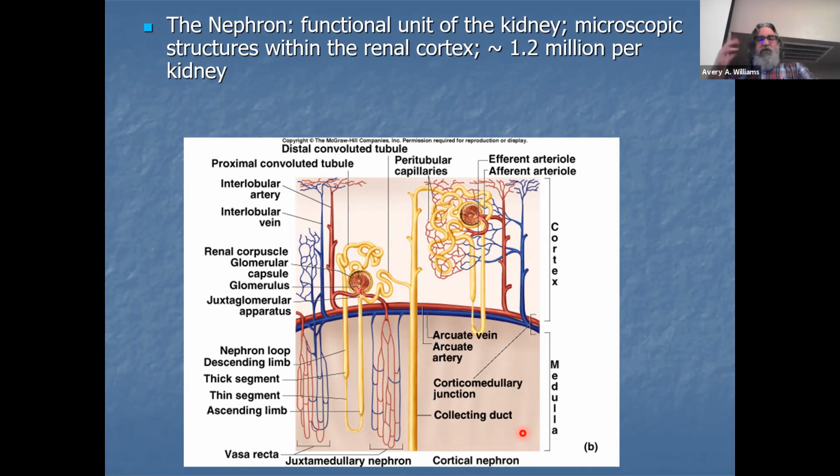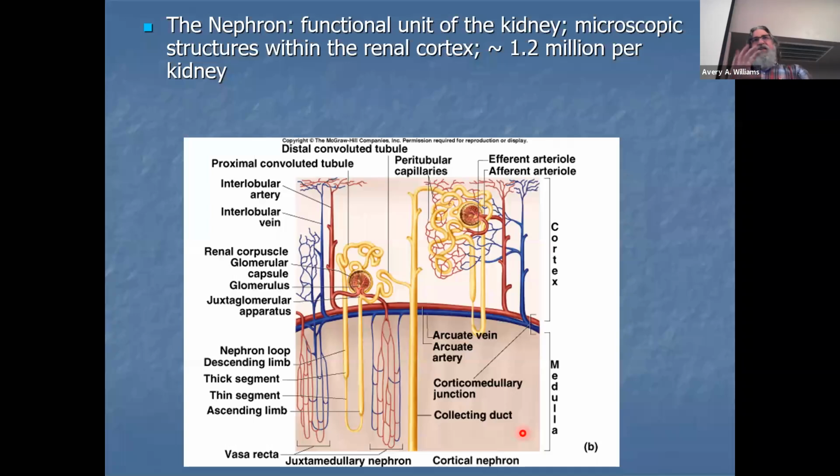The nephron. What's the nephron? The prefix there, N-E-P-H-R, neph, means kidney. Nephron means little kidney. And so this is technically the little functional units of the kidney.